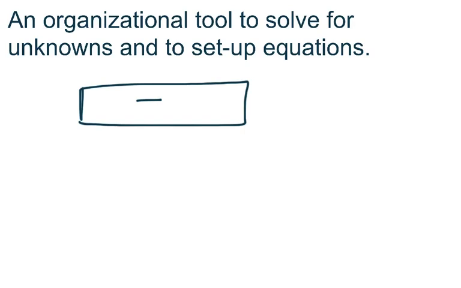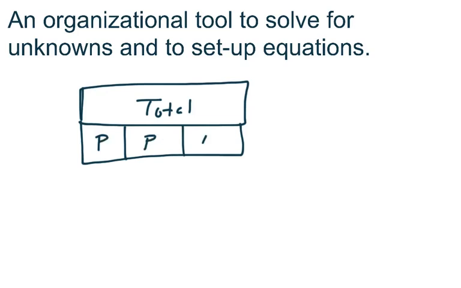where you have a little box that's going to represent your total, and then boxes underneath, and those are the parts that you have together. Sometimes I'll just label each one of those P for each one of the parts.